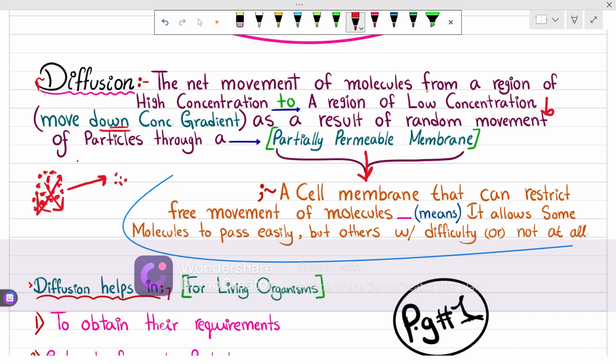Always through a partially permeable membrane, a membrane that's partially permeable. So it is permeable, particles can pass through, but they can only partially pass through. It allows some particles to pass through, others may not.